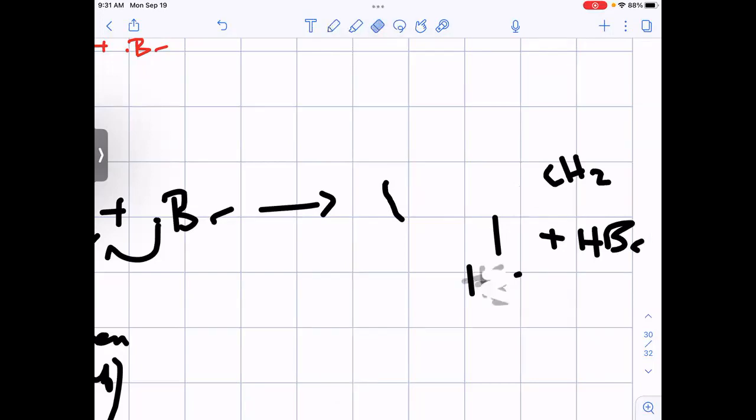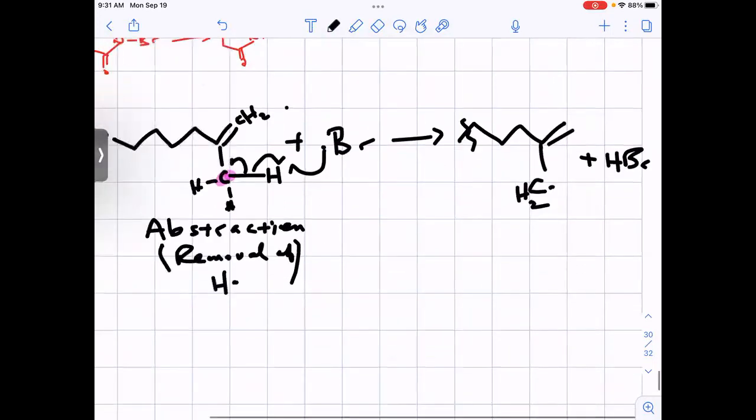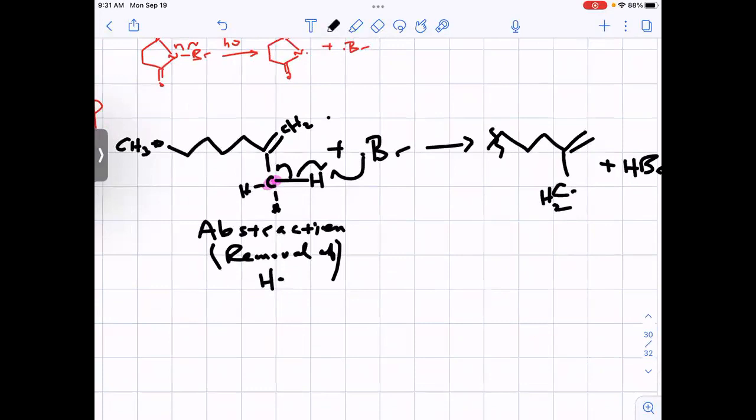Let's redraw this. So that's the new radical that we just made. I'm just abbreviating this part, right? Where's my other allylic site in this structure?